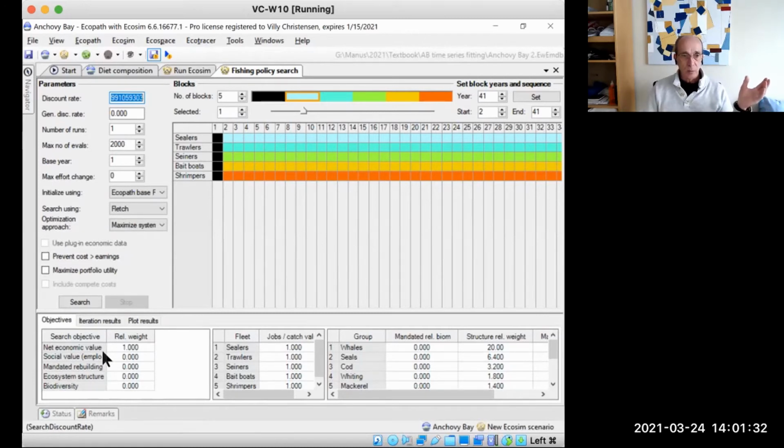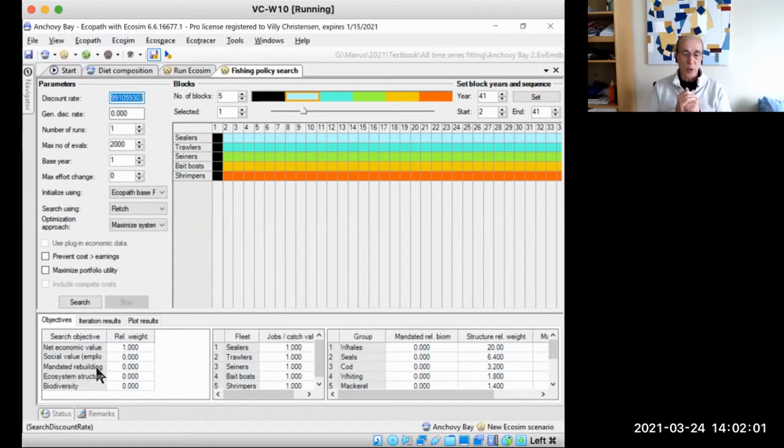Social value, employment, is one that's going to go in the opposite direction. It's going to see how much value, rather than fish, we can extract from this ecosystem, based on the assumption that more value means more jobs. The third one is something called mandate rebuilding.